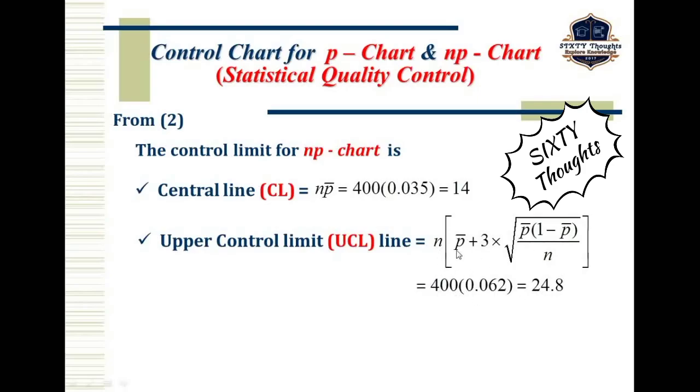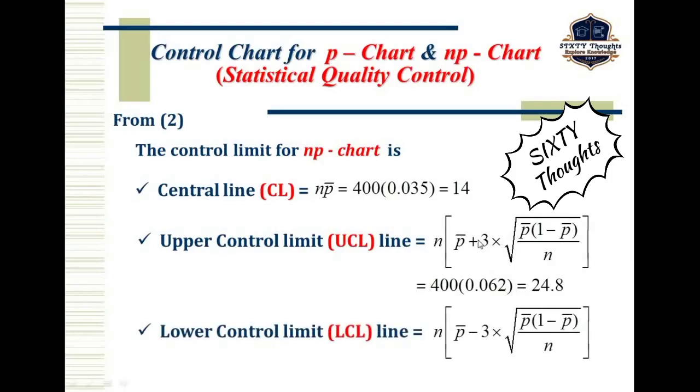This is the N value, and this term is 0.062. Multiply these two, we get 24.8. Next I am going to find the lower control limit line, that is N into this term, here we get minus. Already we know this term's answer from the previous step number 1. So we get 400 into 0.008, multiply these two, we get 3.2.